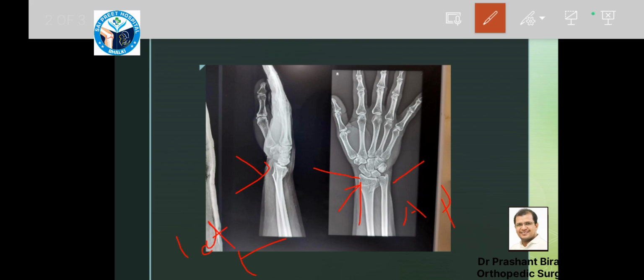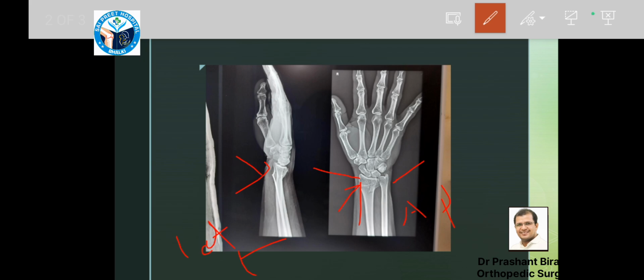Initially a lot of patients, because they had a trivial trauma like a domestic fall, think nothing has happened, so they take some painkillers, and because of the tablets the swelling reduces, but because of the fracture the pain won't go and the patient won't be able to do regular activities. So they come after 4-5 days and say, sir, the swelling has subsided, but the pain is there and I am not able to do the work.